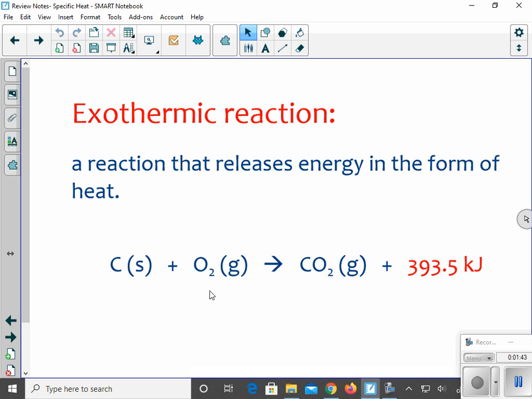Solid carbon reacts with oxygen gas to give me carbon dioxide gas, and this plus 393.5 kilojoules. That is the amount of energy that is released, and that energy is released in the form of heat.